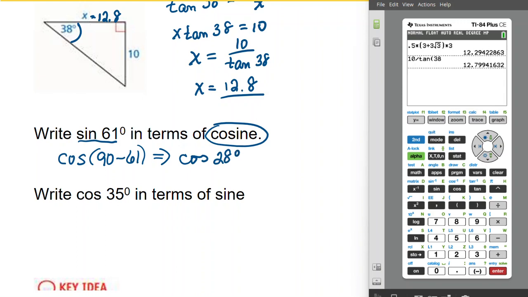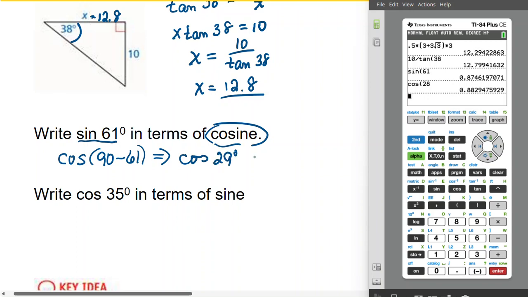Now we can prove that they are companion or equivalent sine and cosine. So if I put sine of 61 and enter, and I put cosine of 28 and enter, I have the same value.